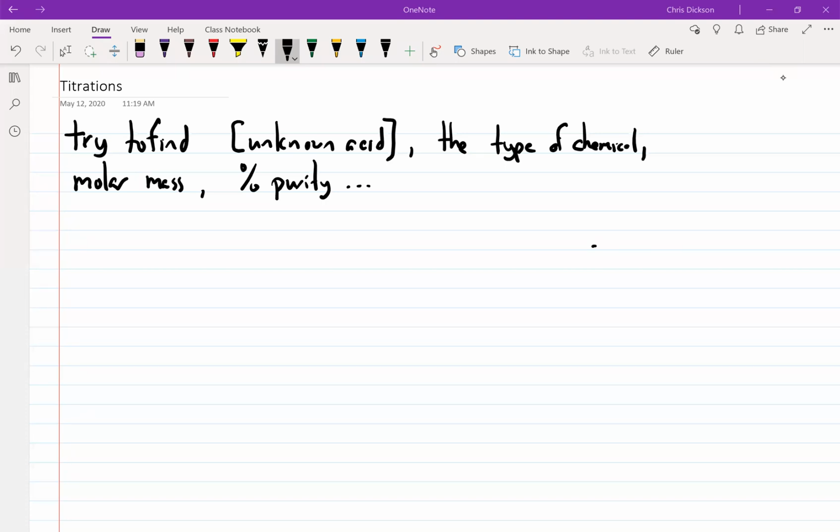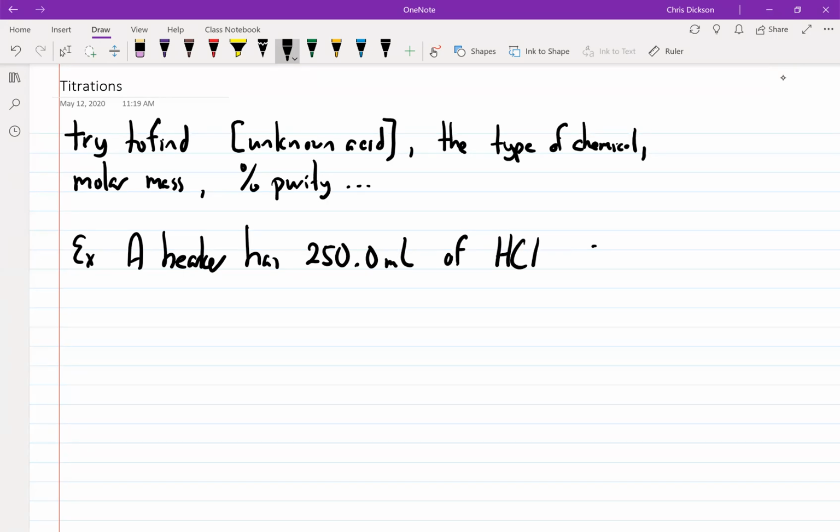So here's a scenario. Let's say, for example, a beaker has 250 milliliters of HCl.